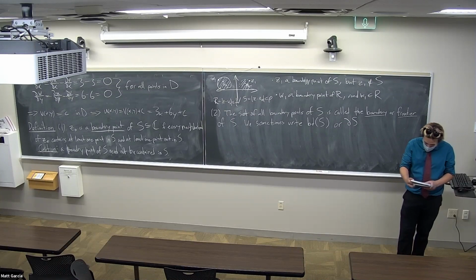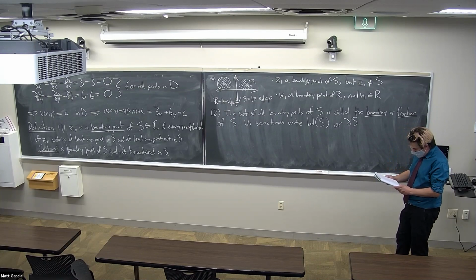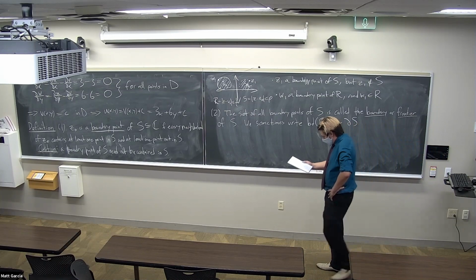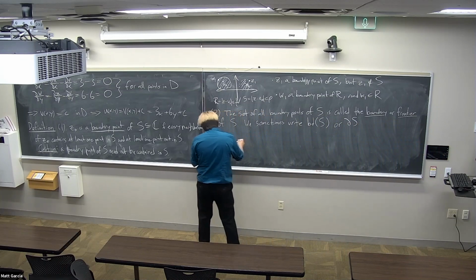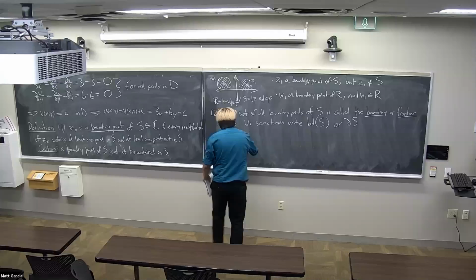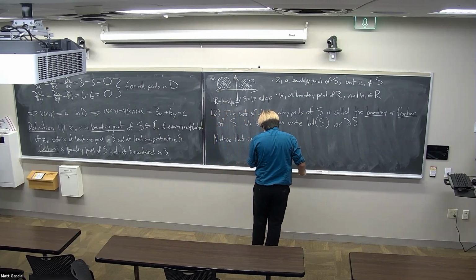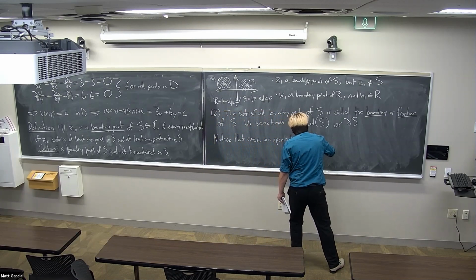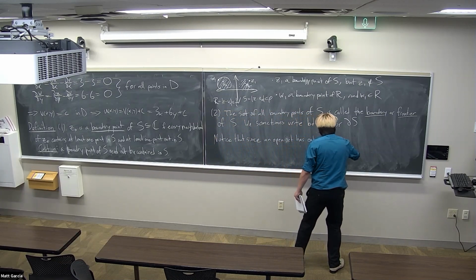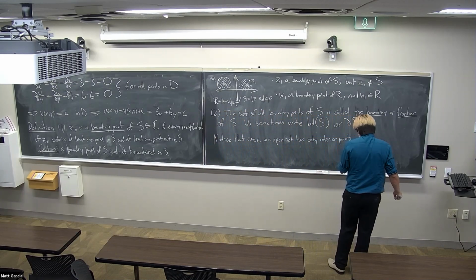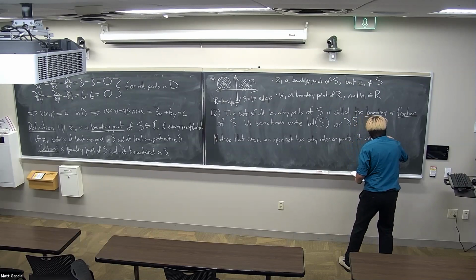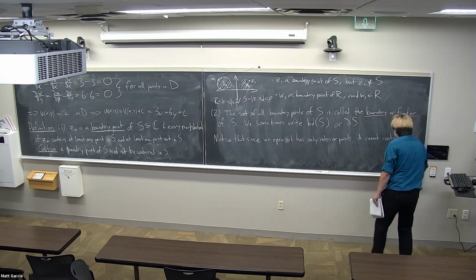So, right. Let me just say this. Notice that since an open set has only interior points, it cannot contain any of its boundary points.